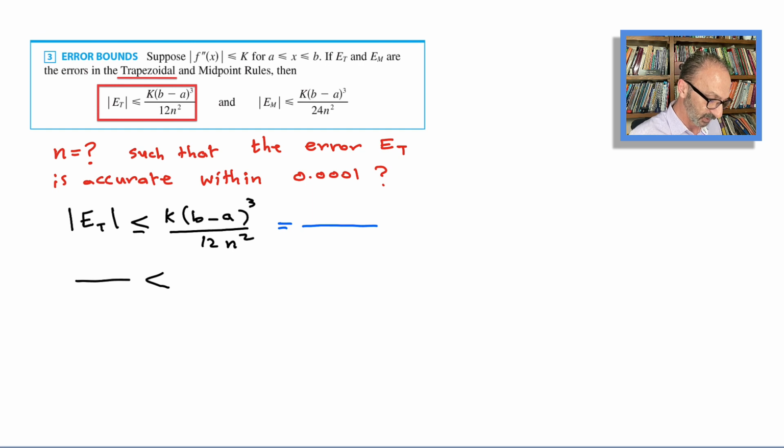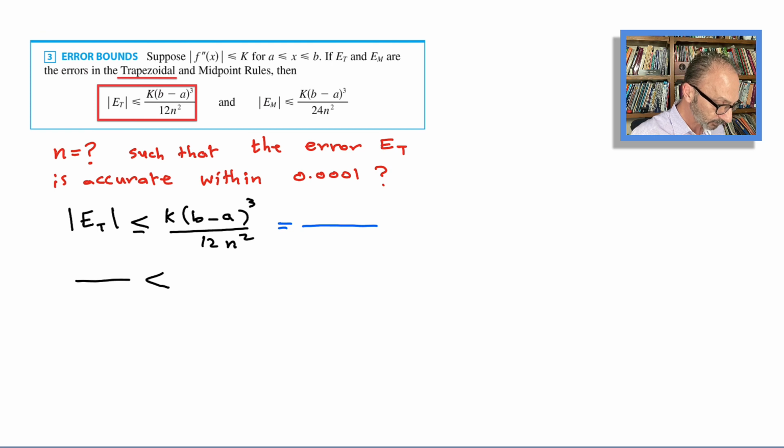Here we go. To find n, that is, n is missing, such that the error of the trapezoidal rule, we're focused on the trapezoidal rule just now for this slide, is accurate within 0.0001. The formula is rewritten to save some time from recording, and now we are into the calculations.